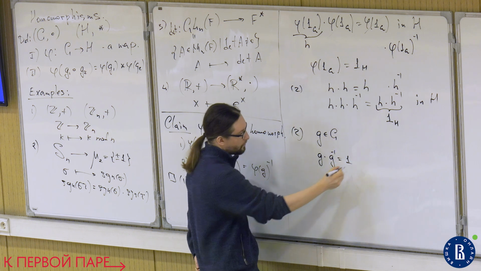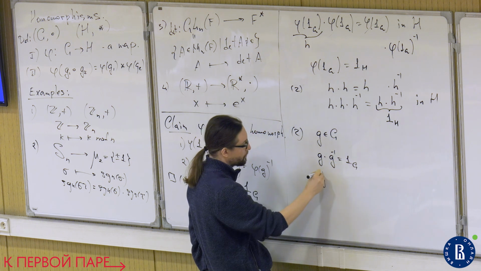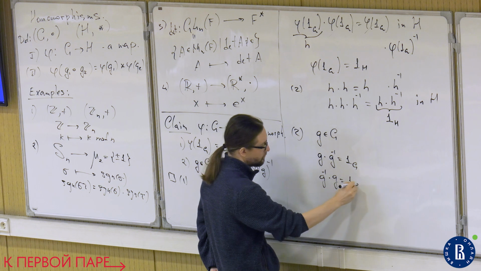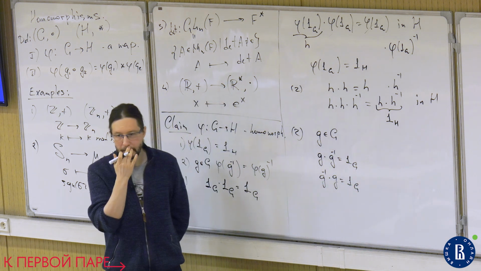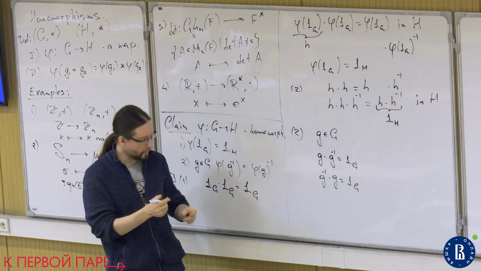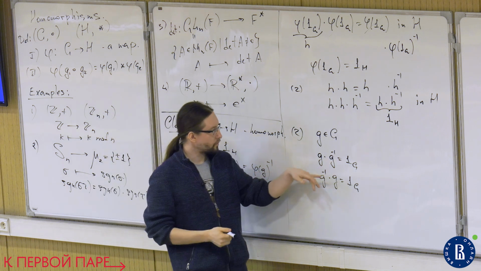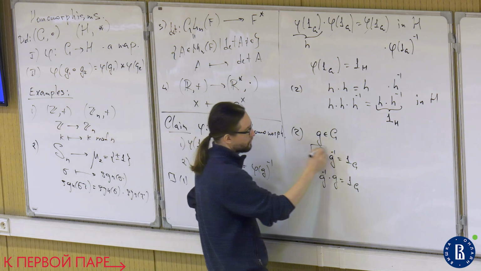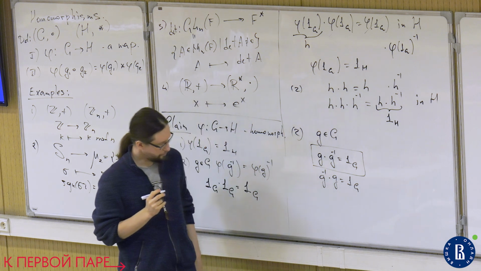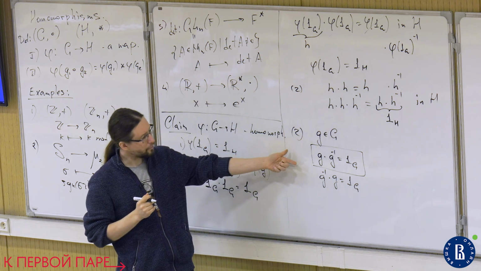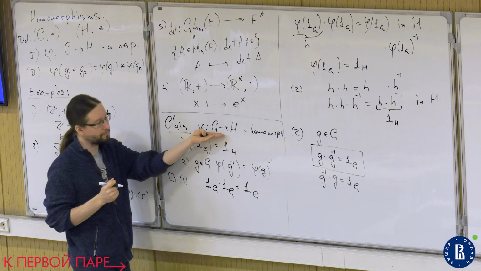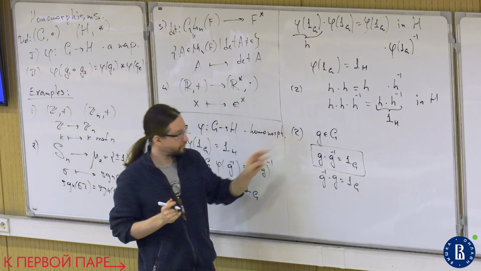This is an element with these two properties. Okay. Now, let's take the first one, and I want to apply the homomorphism phi to this equality.